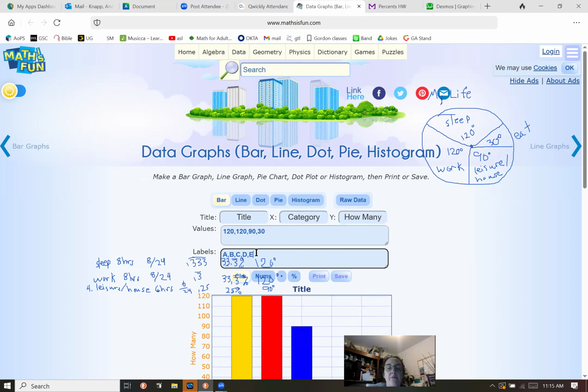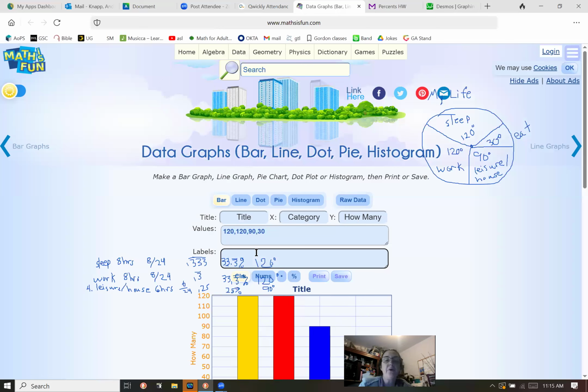And then for your labels, make sure you're going in the same order. So sleep, work, leisure slash housework, eat. And tell it to make a pie graph.